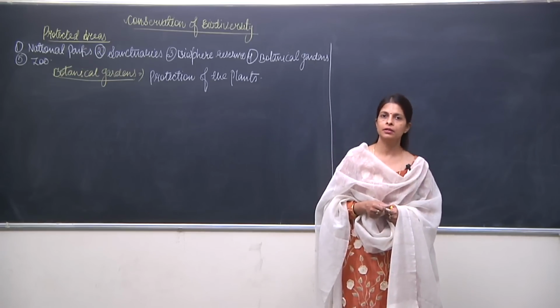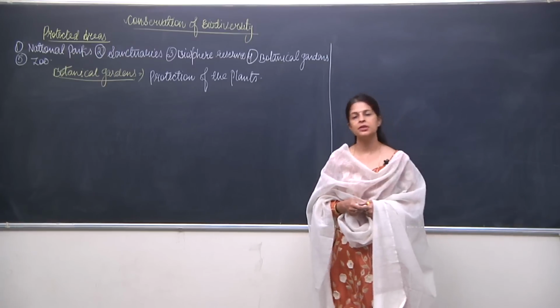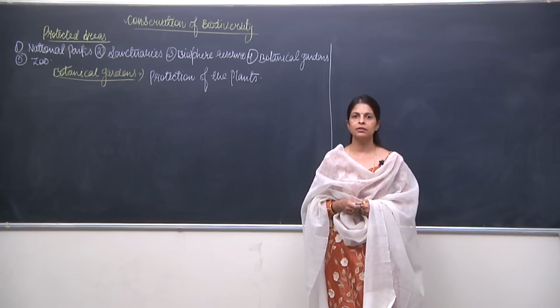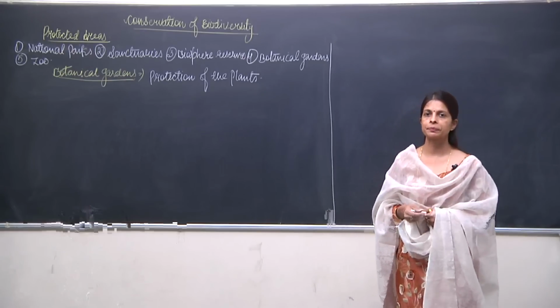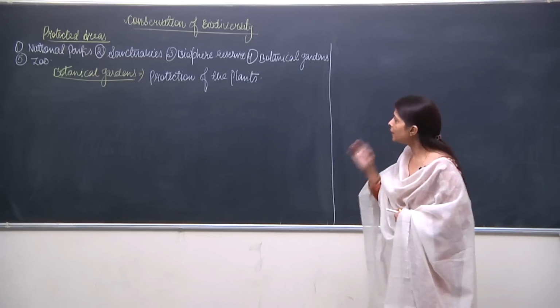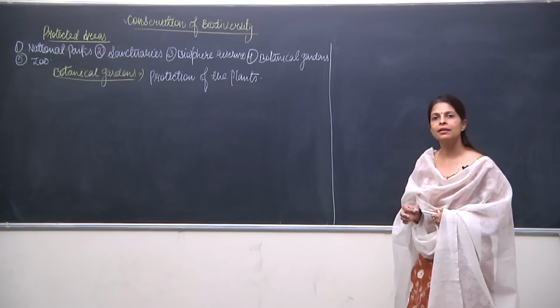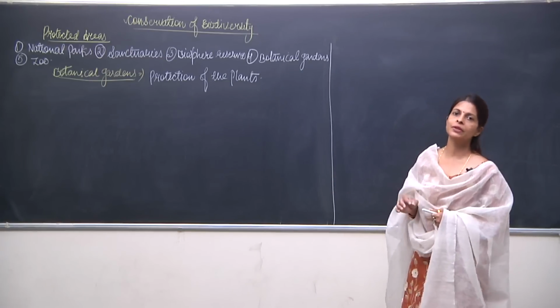Even from our country, many species of plants are now not available, they are extinct. So the main aim of the botanical garden is the protection of the plants.